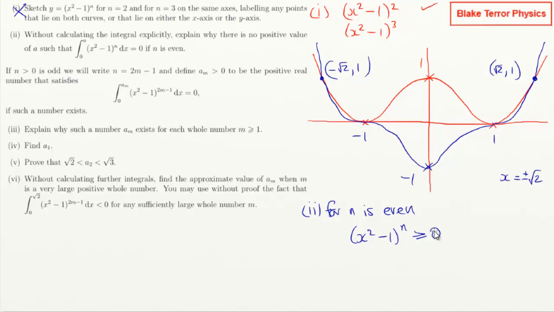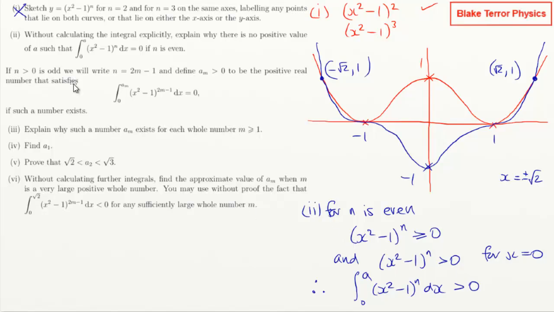So when we're going from 0 to a, let's also say (x squared minus 1) to the n is greater than 0 for x equal to 0. So we've got our lower limit of the integral being above 0, and the function itself never drops below 0, so the integral cannot be equal to 0. The integral from 0 to a of (x squared minus 1) to the n dx must be greater than 0. Right, so that's that one. A bit quicker than the first part.